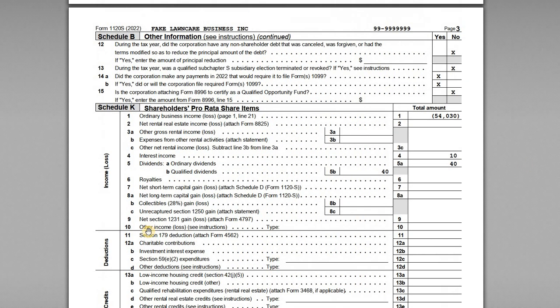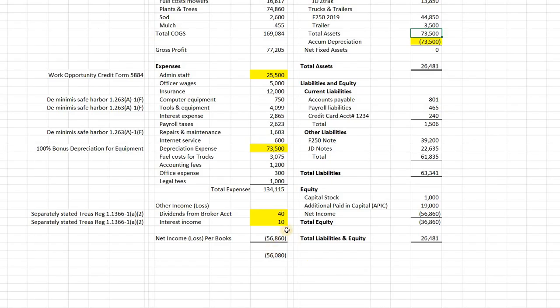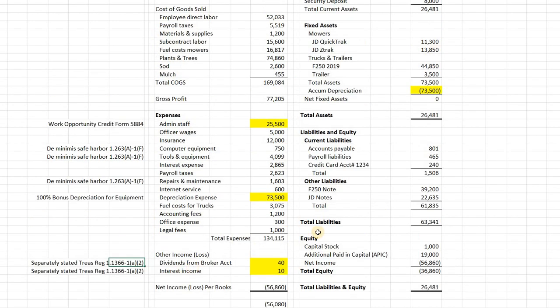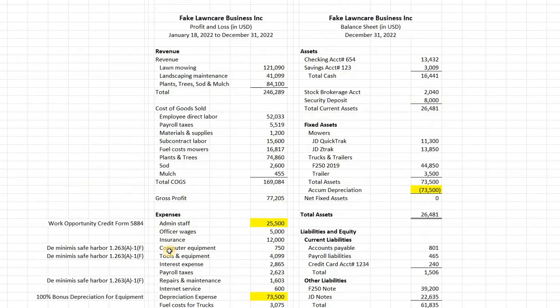All right, so we'll come back to this in a little bit. So that's why we have them separately stated down here, the dividends from the brokerage account, the interest income, and then I have just a note here on the source of the regulation for why we have to do that. So if you look at the Treasury Reg 1.1366-1(a)(2), we see the guidance that these have to be separately stated.